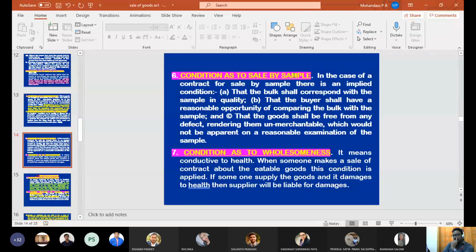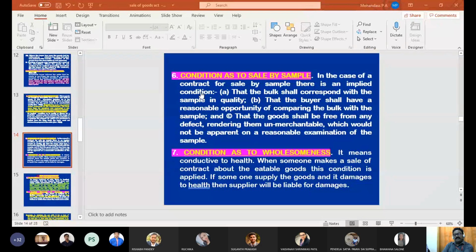The last example of implied condition is implied condition as to wholesomeness. In the sense, Vaishnavi has ordered KFC chicken. Now the chicken has come. Suppose KFC has a particular flavor, quality, everything.